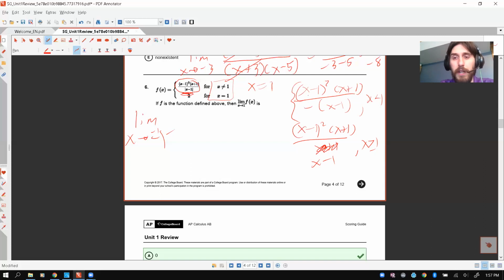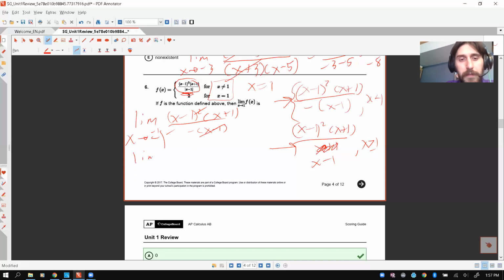Then we're going to find the limit as x approaches 1 for the left side and for the right side. For the left side, the limit as x approaches 1 of (x minus 1) squared times x plus 1 over negative (x minus 1). You'll notice there's an x minus 1 in the numerator and the denominator, which means we can cancel one of those on top with the one on the bottom.